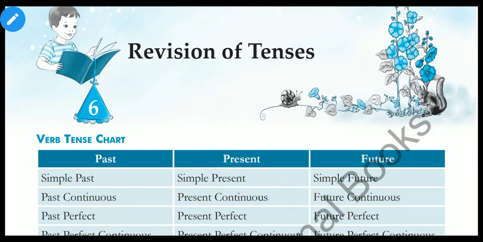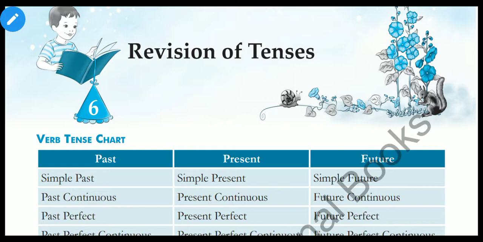Tense shows when an action has been performed, when the action has taken place, and that action being performed is known as the verb, which we have learnt in a previous chapter. Verbs are the action words. So tense tells us when that action has taken place, in what period of time.